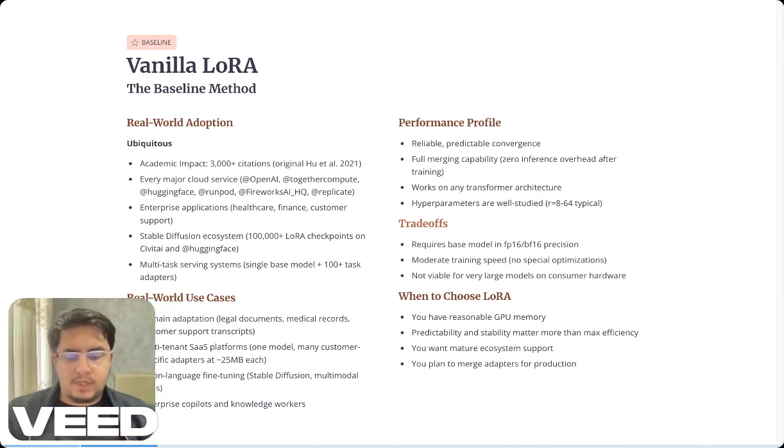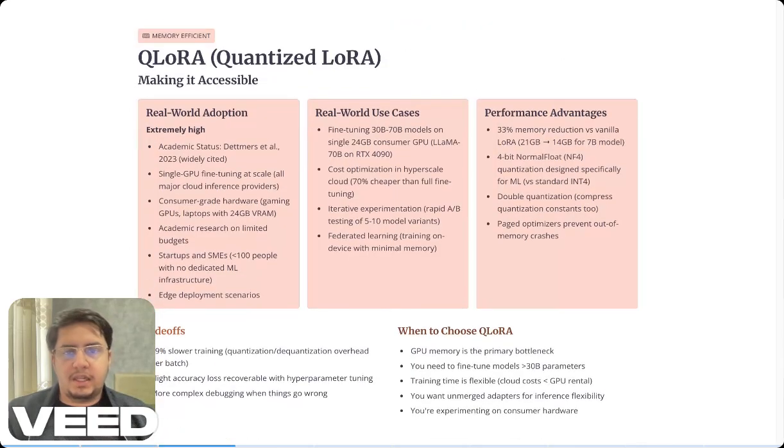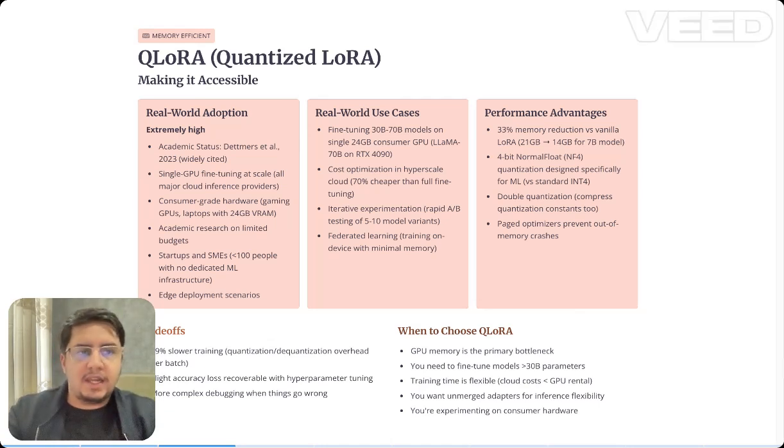But once vanilla LoRA was out of the picture, a lot of people then moved to QLoRA, or quantized LoRA. As the name suggests, it makes it more accessible for developers to use LoRA on the go. It's a paper that originated in 2023 and has been widely cited.